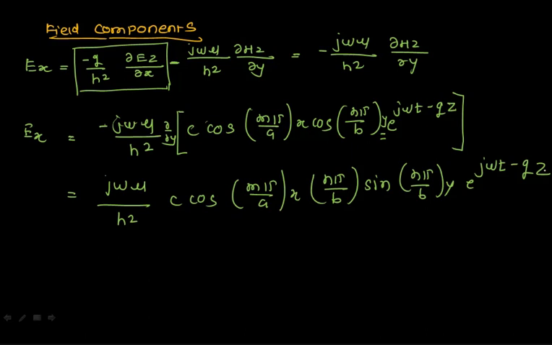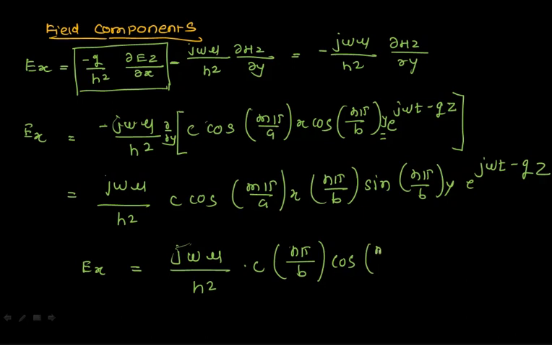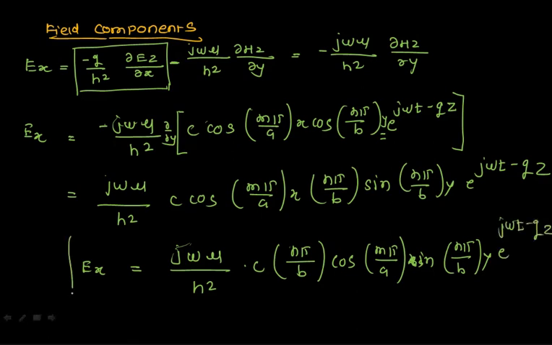Rearranging the terms, the Ex component I'll get is j omega mu by h square C n pi by b cos of m pi by a x sine of n pi by b y e raised to j omega t minus gamma z. So this is the one component which I have found right now, that is Ex.